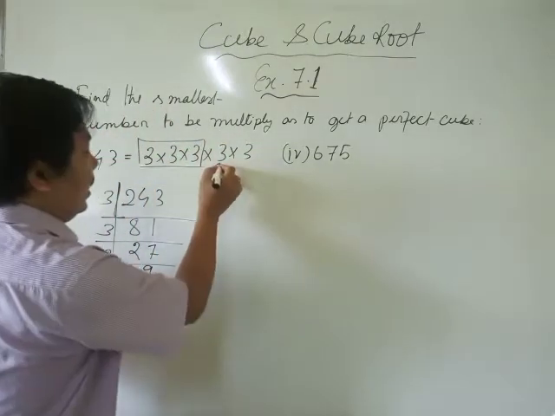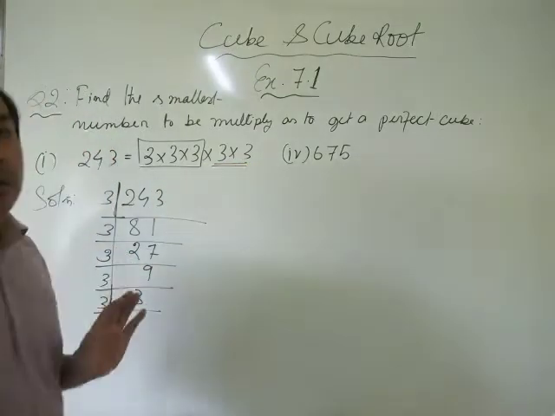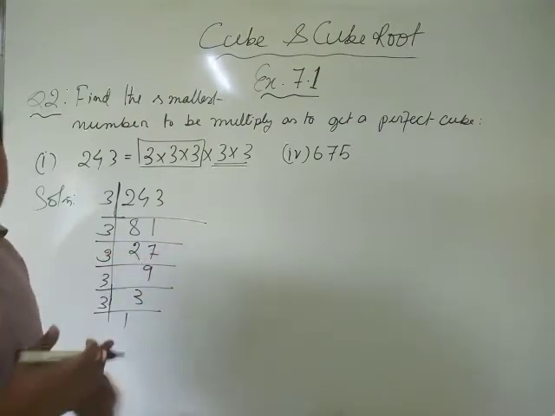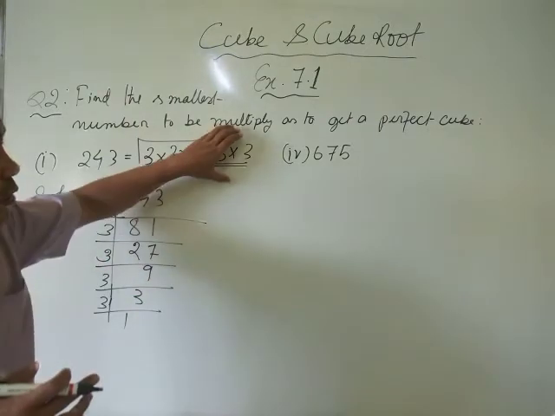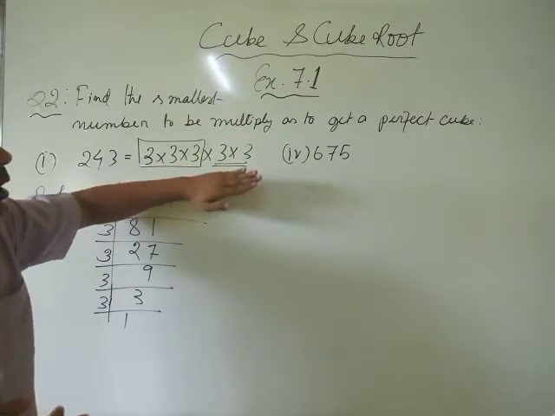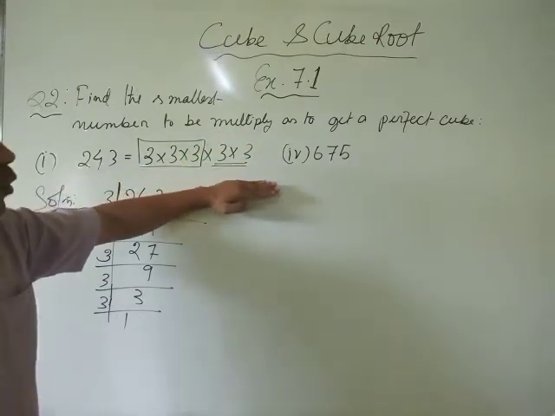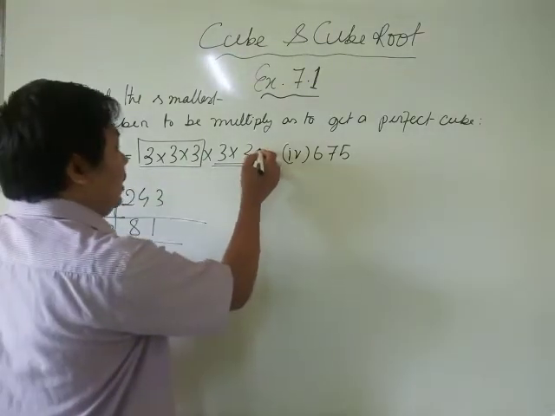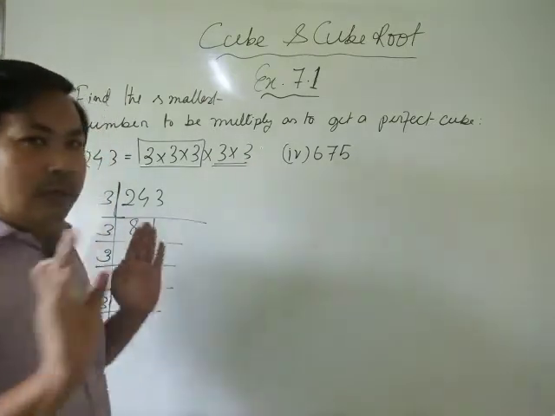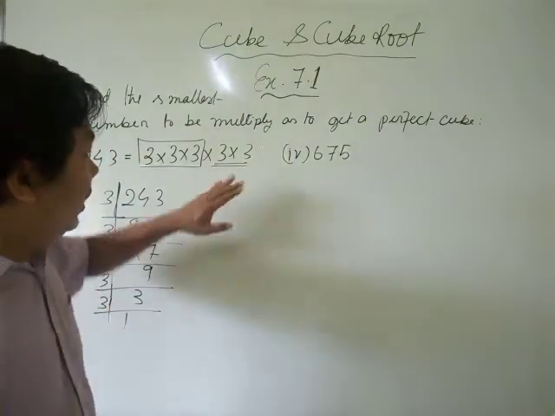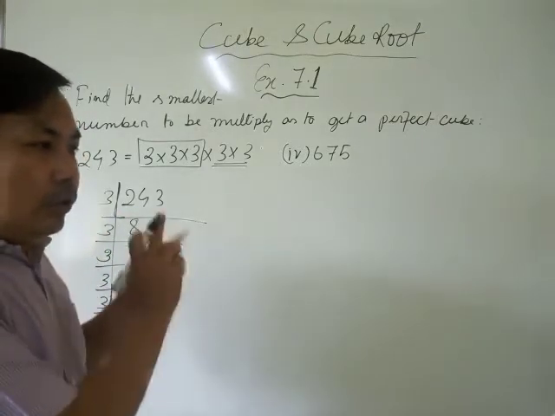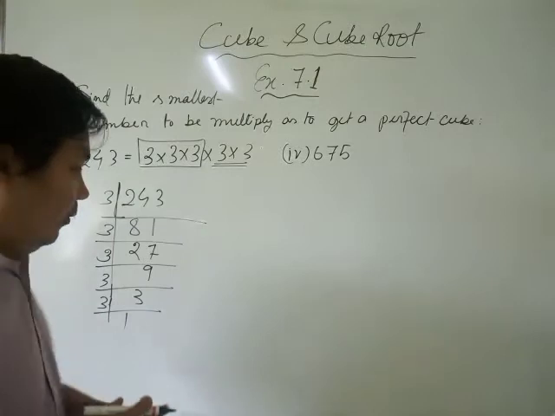And here only two 3's are there, which are unpaired. They cannot be grouped as three numbers. We need groups of 3, so one more we need. If we multiply by 3 here, then the number will become a perfect cube.